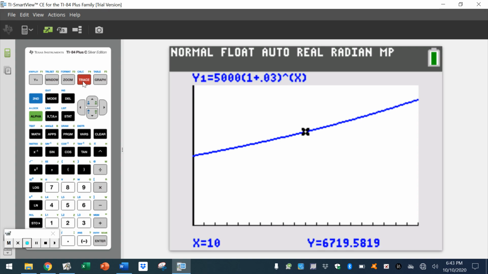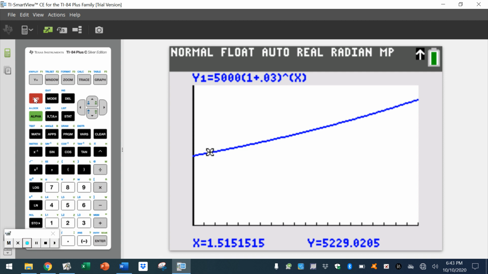If we hit trace, you can see at any given time, let's go back over here to the left. When the problem started, there was, in the beginning of time, only 5,000 people. As time progresses, after roughly 1 year, you'll see the population is growing about, again, 3%.